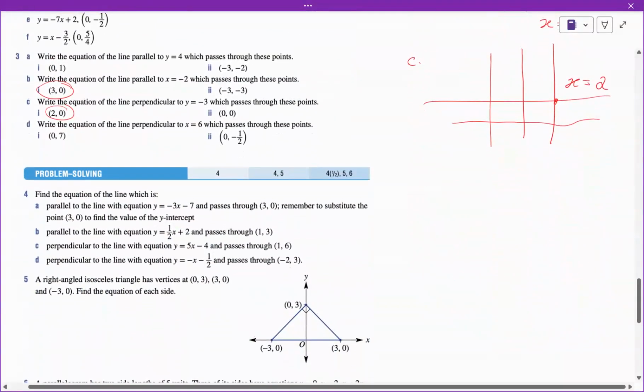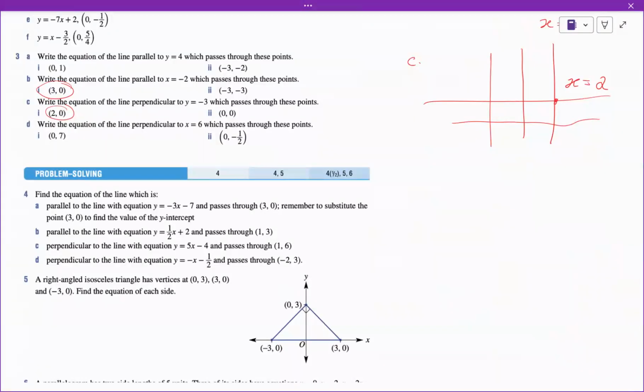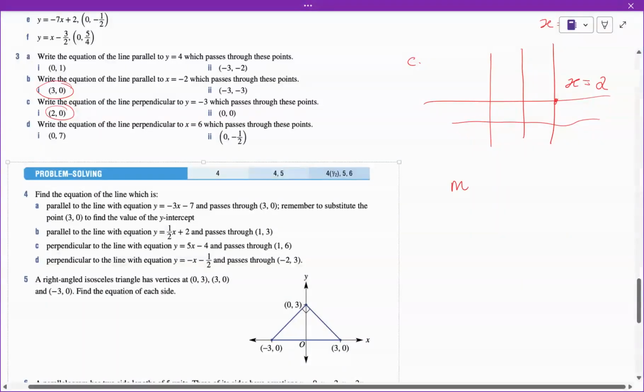Okay, question 4. Let's have a look at 4a. We're parallel to the line y equals -3x minus 7, and we're passing through the point (3, 0). Now, a line parallel to that has to have the same gradient of -3. So we've got y equals -3x plus c. This is going to be a bit different because this point here is not the y-intercept.